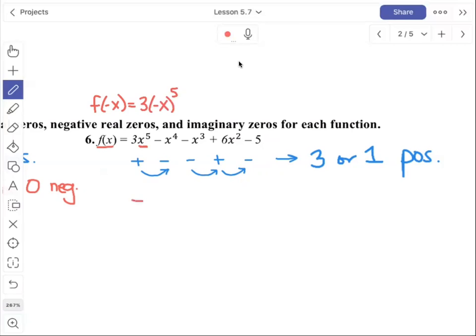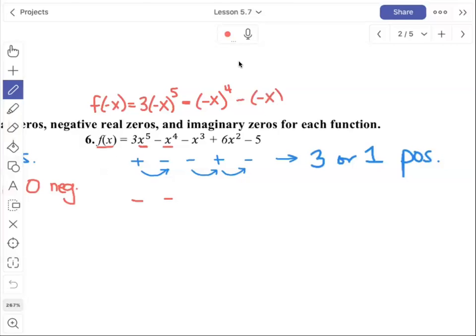Try it with this one. Positive. Well, -x to the 4th would be positive, but don't forget you have this negative right here. So that's actually going to come out negative. Good.